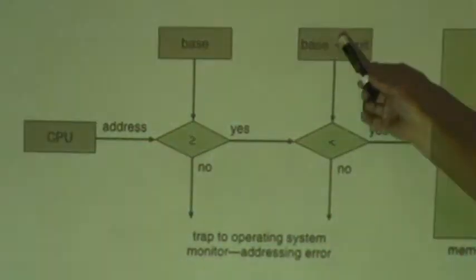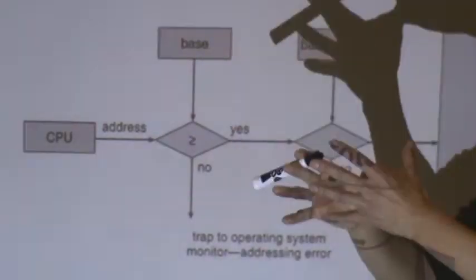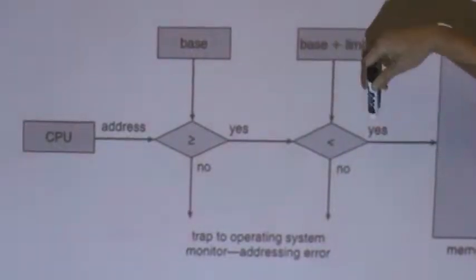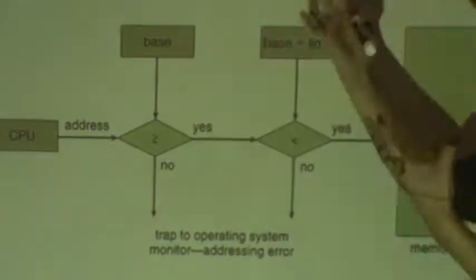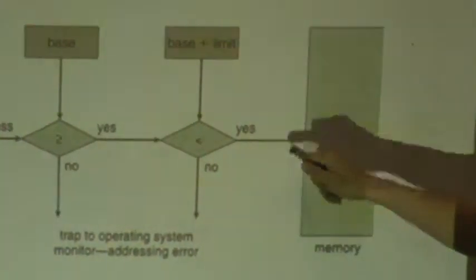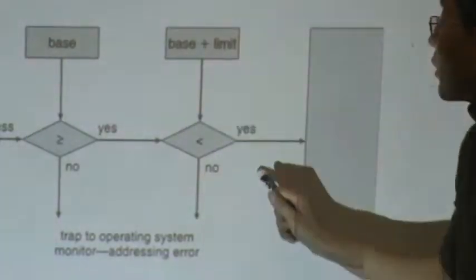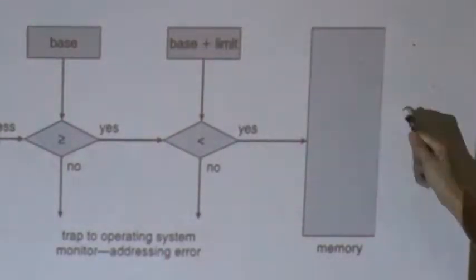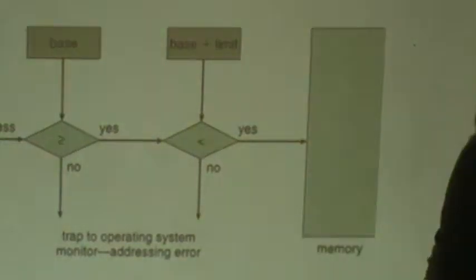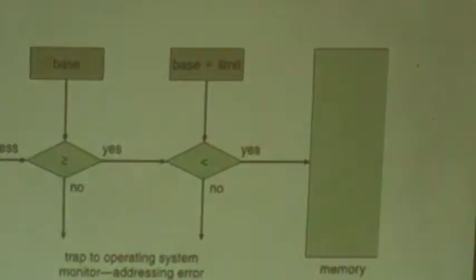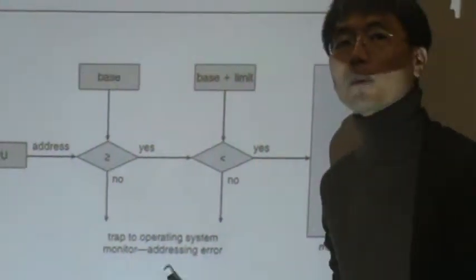Otherwise, it adds the limit register to the base, then checks whether this is out of the memory address range. If not, then finally it reads the data using the base through the base plus limit. Then finally the CPU can access such data from the memory. Otherwise, it will be trapped to the operating system.